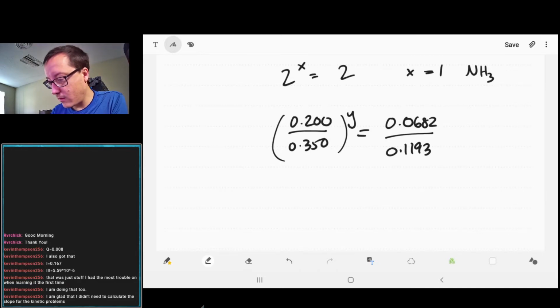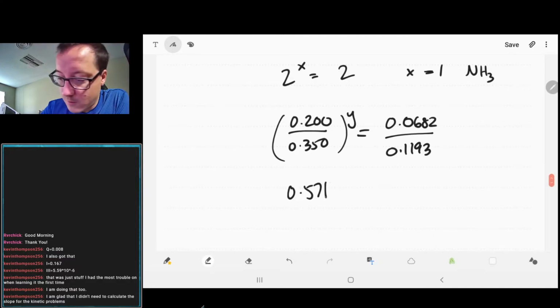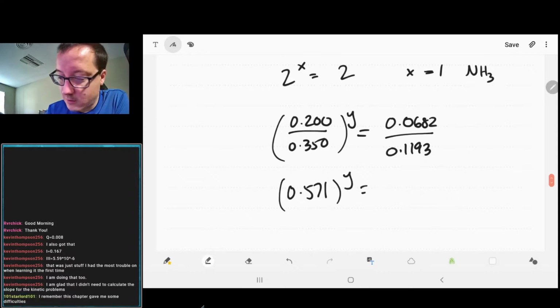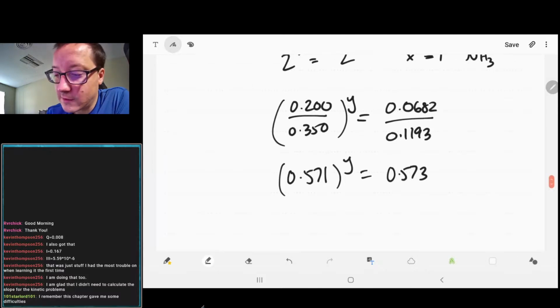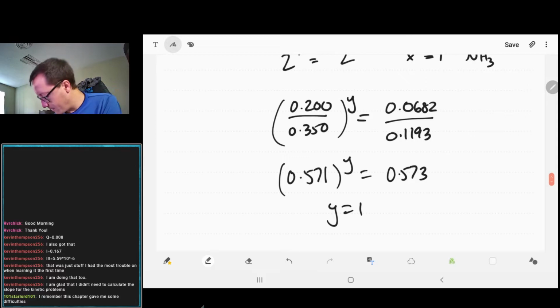Okay, so we have 0.571 to the y power is 0.0684 divided by 0.1193. We get 0.573. Guess what? Yes, it always gives everybody difficulties. It's essentially the same thing, so y is also 1. But if we looked at numbers 4 and 5, we'll see that we have a doubling for the doubling.